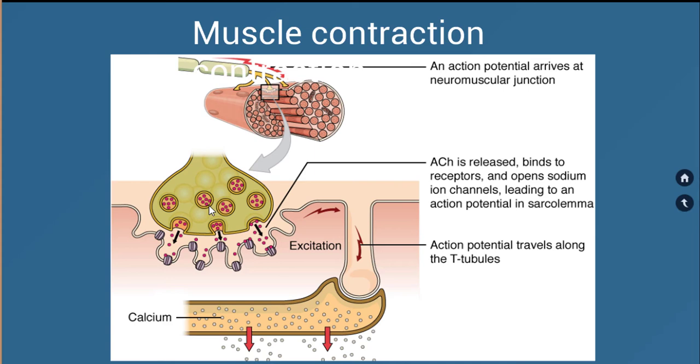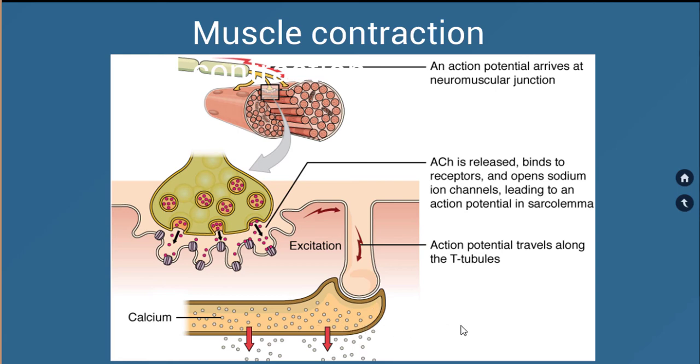Acetylcholine is released, binds to receptors, and opens sodium ion channels, leading to an action potential in the sarcolemma. The action potential travels along the T-tubule to the sarcoplasmic reticulum, and then calcium is released.